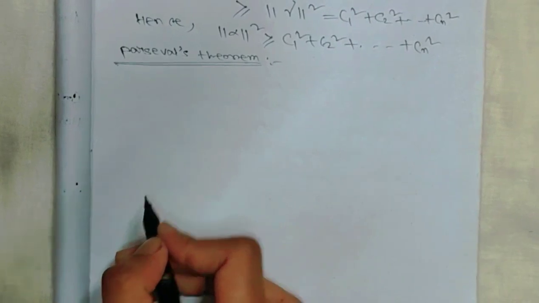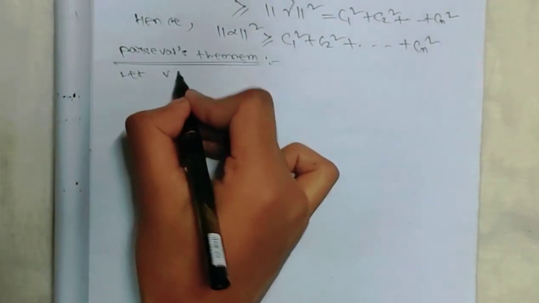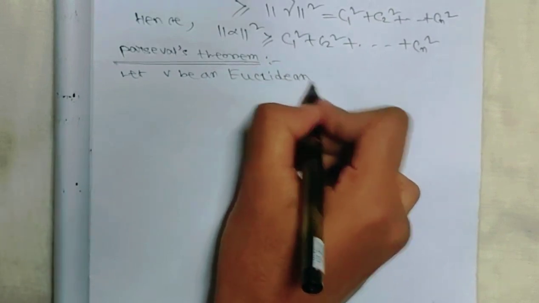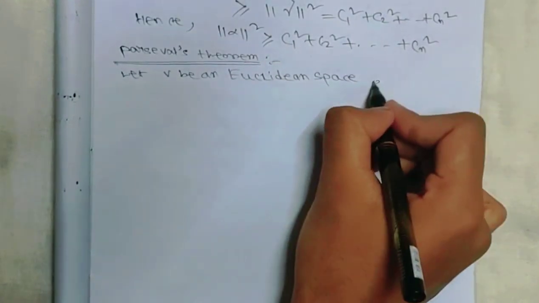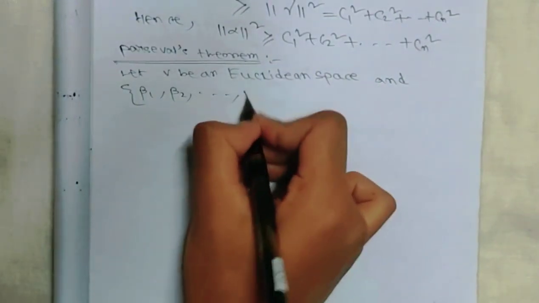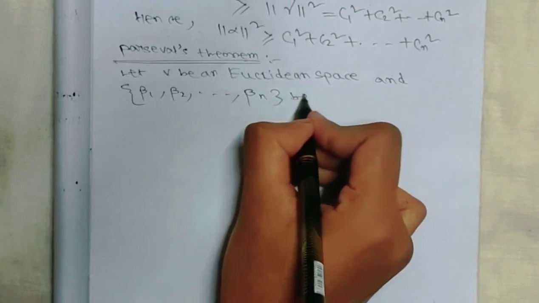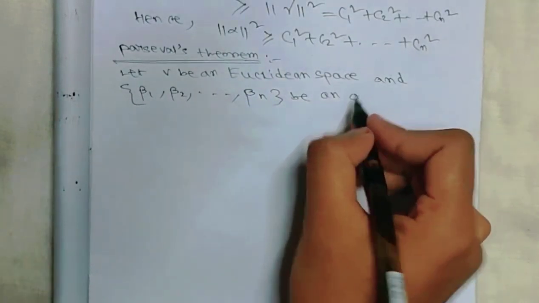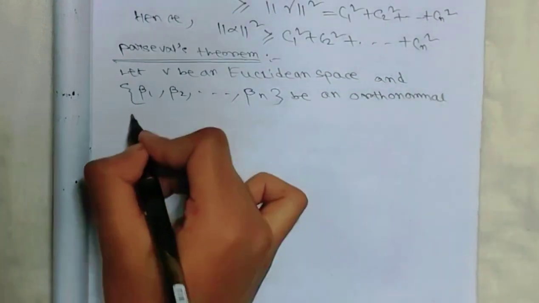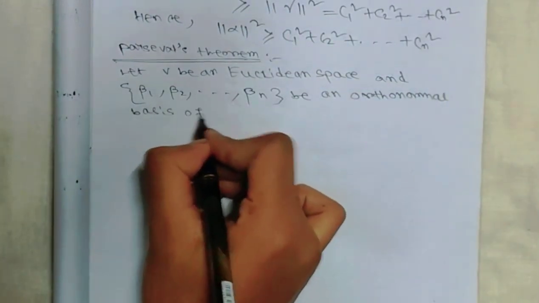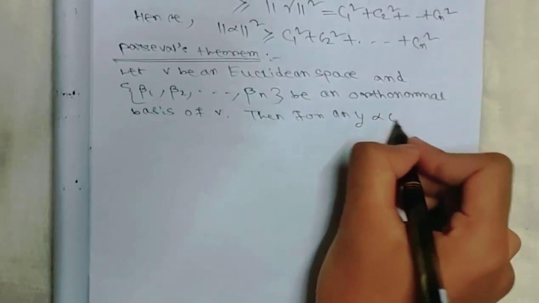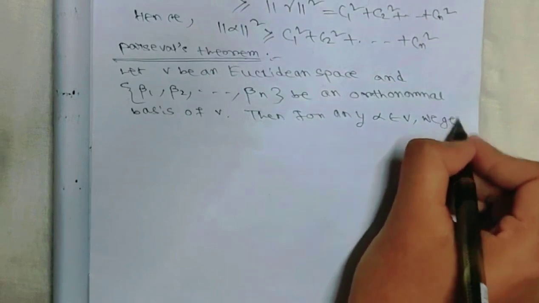Now Parseval's theorem. First of all, the statement: let V be a Euclidean space and β1, β2, …, βn be an orthonormal basis of V. Then for any α belongs to V, what do we get?